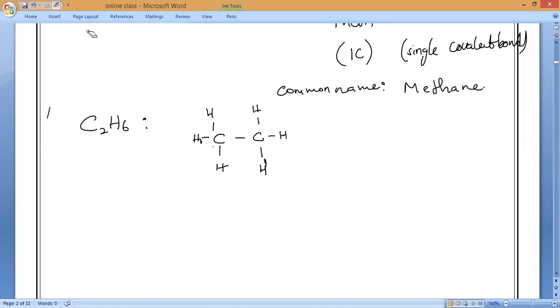Now if you have noticed, totally all single bonds, so first the suffix ane will come, and two carbons are there. What do we say for two carbons? Eth. If you combine this, we get ethane, the IUPAC name.